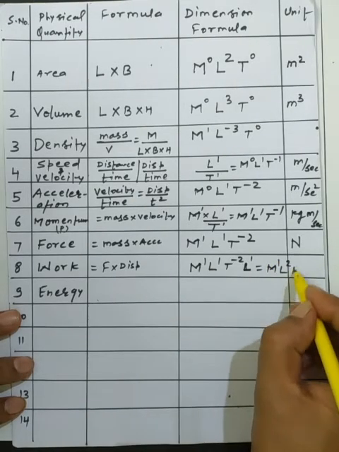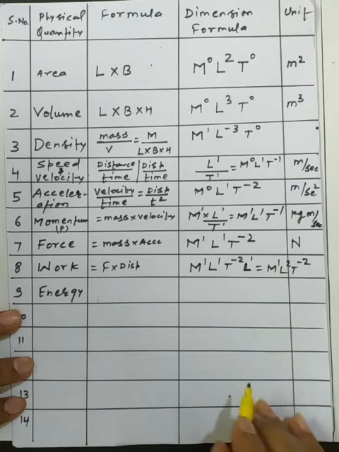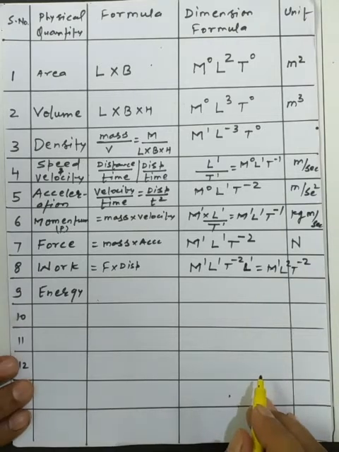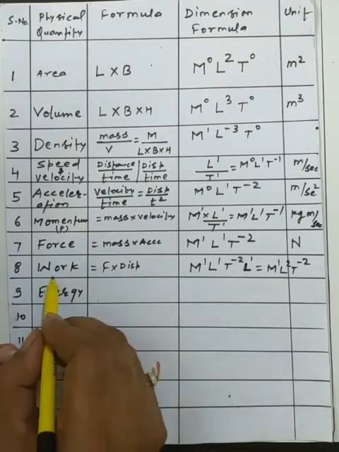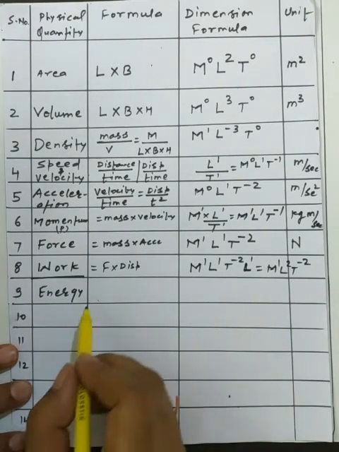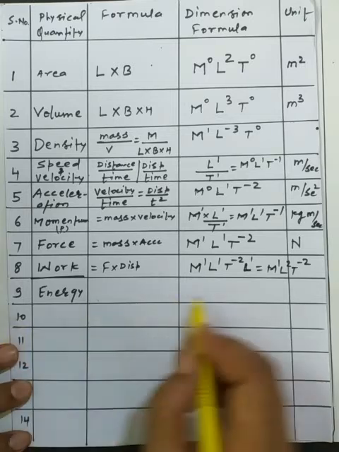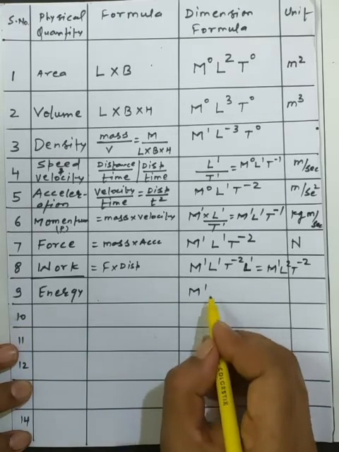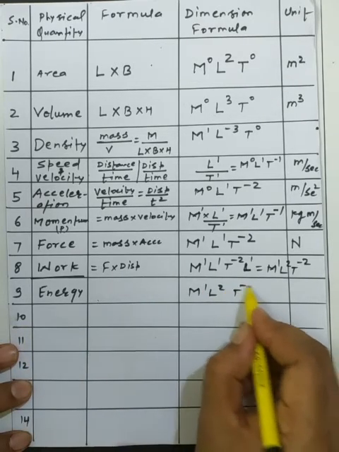M1 L2 T minus 2. So it's the dimension formula, and the unit of work is the joule in the SI system. Similarly, there are many quantities that can have the same dimension formula as work. I am writing energy, which also has the same dimension formula, M1 L2 T minus 2.